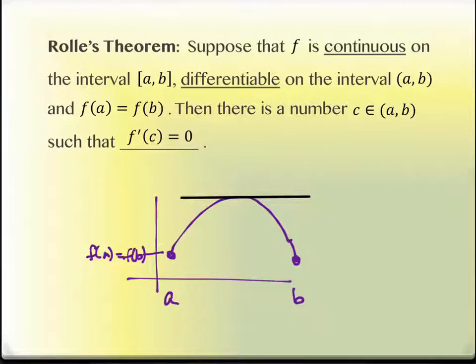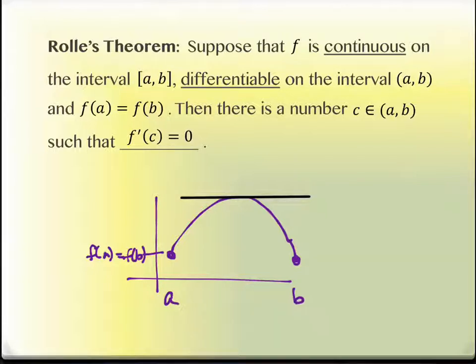And these horizontal tangent lines only occur at places on my graph that flatten out. Some of those places that we talked about last time are relative extrema. This is one of those. This is a relative maximum point, a place where I have a change from increasing to decreasing. I could also have a valley, a relative minimum point, and that would work as well.